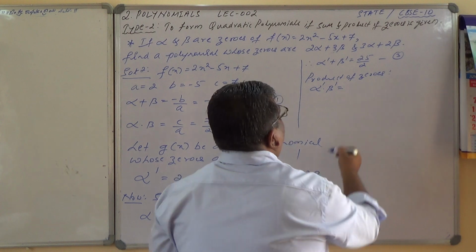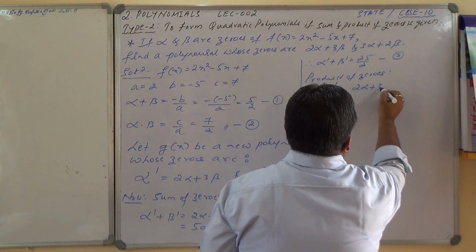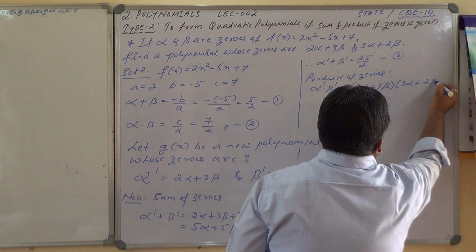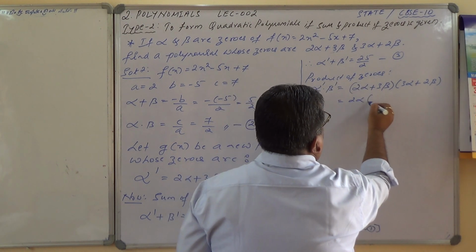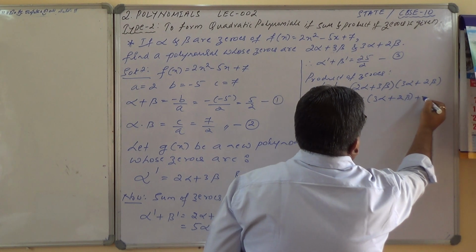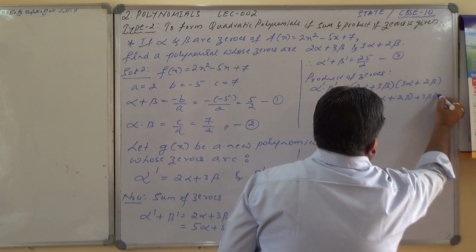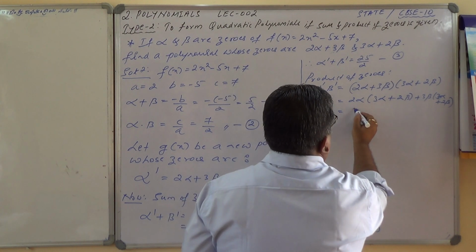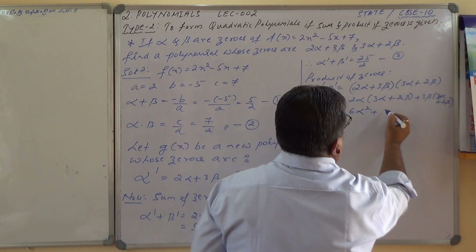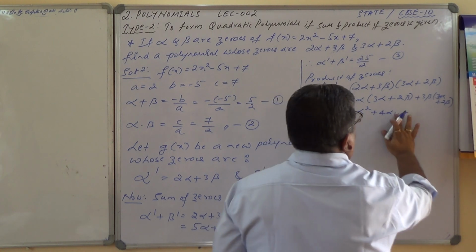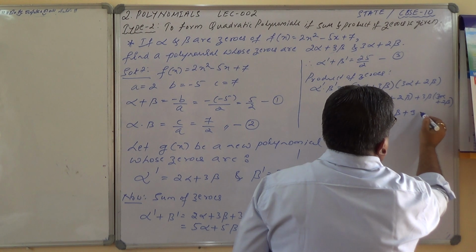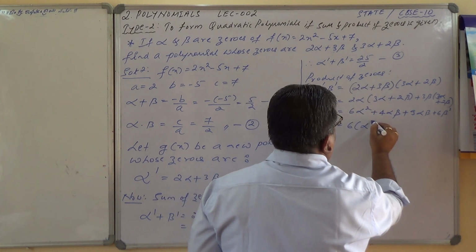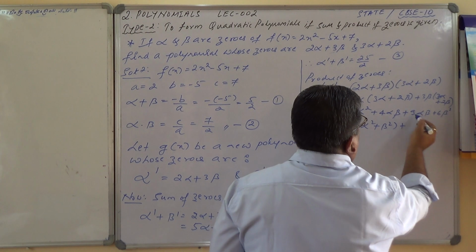Alpha dash into beta dash equals (2 alpha plus 3 beta) into (3 alpha plus 2 beta), which equals 2 alpha into 3 alpha plus 2 beta, plus 3 beta into 3 alpha plus 2 beta, which equals 6 alpha square plus 4 alpha beta plus 9 alpha beta plus 6 beta square.